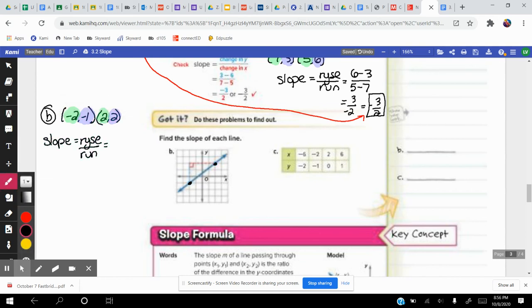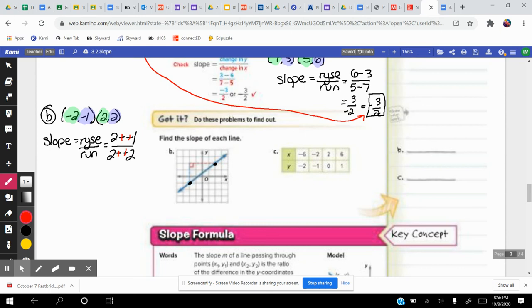So I'm going to take my second y value of 2 and subtract it from my first. So 2 minus negative 1, divided by my second x, which is 2, minus negative 2, which is my first x value. Well, when I have a minus and a negative, I'm actually going to change that to adding the opposite, so I make it into plus 1.